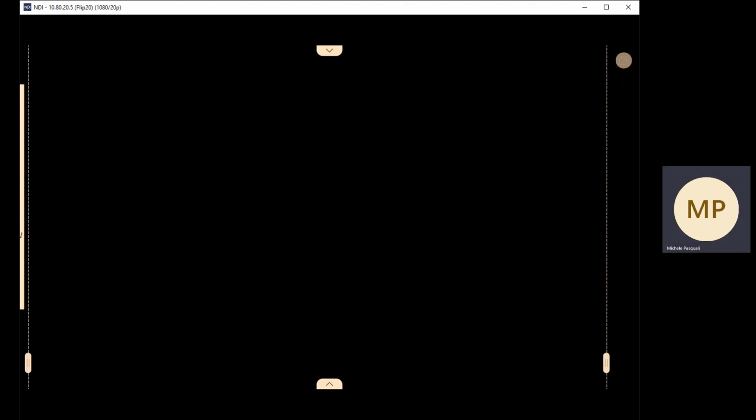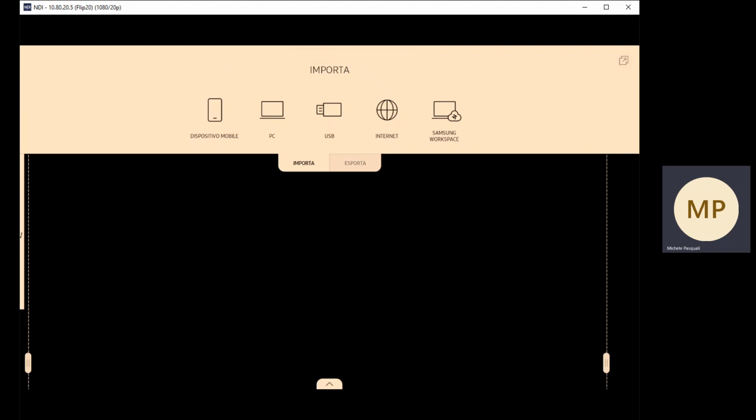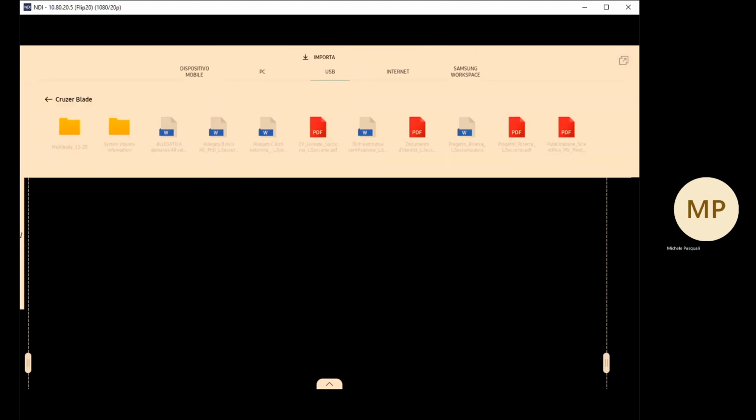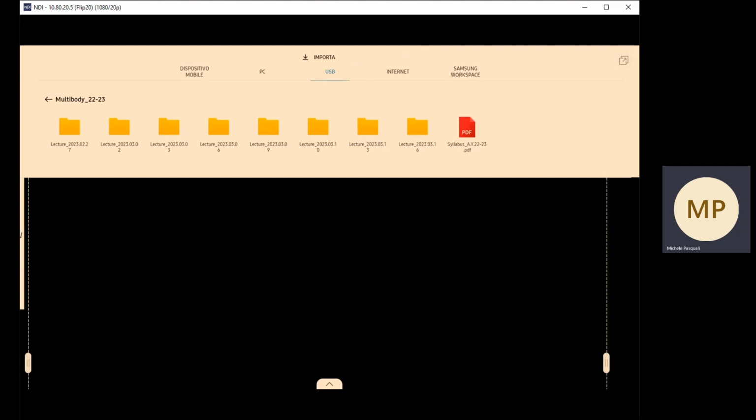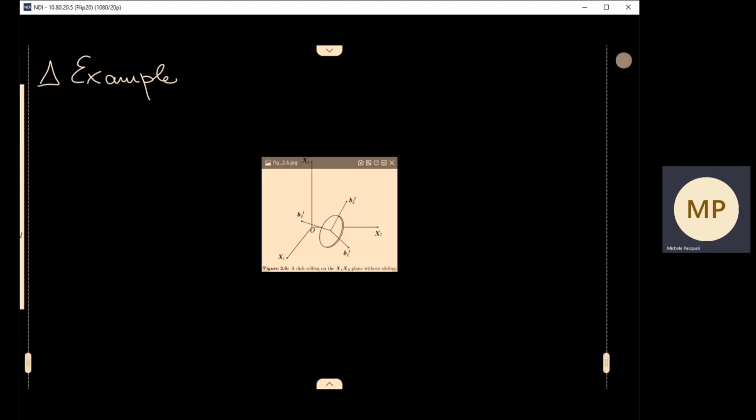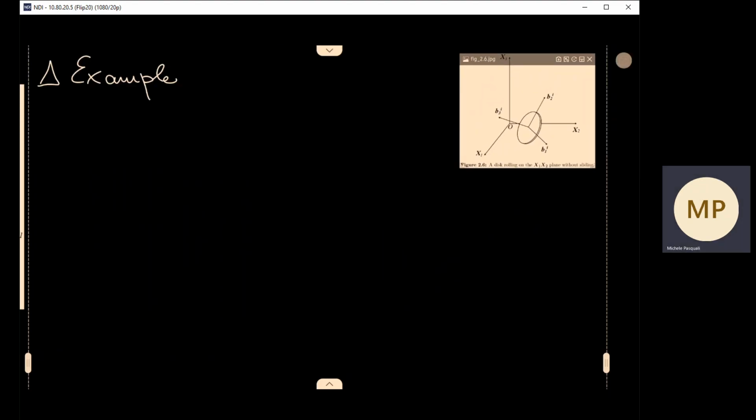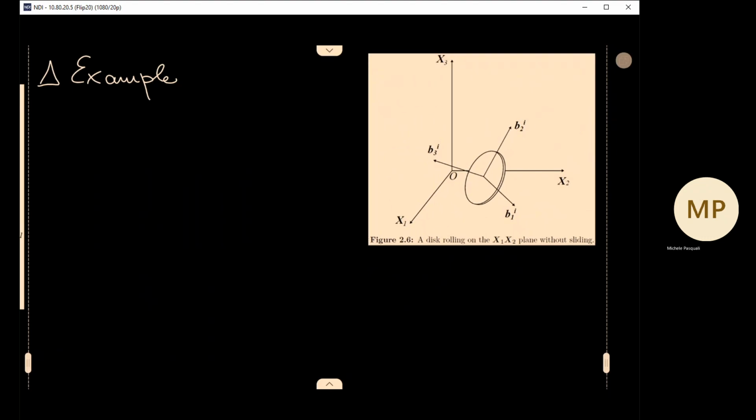So an example. Our example is constituted by a simple coin, which is tossed on the floor.